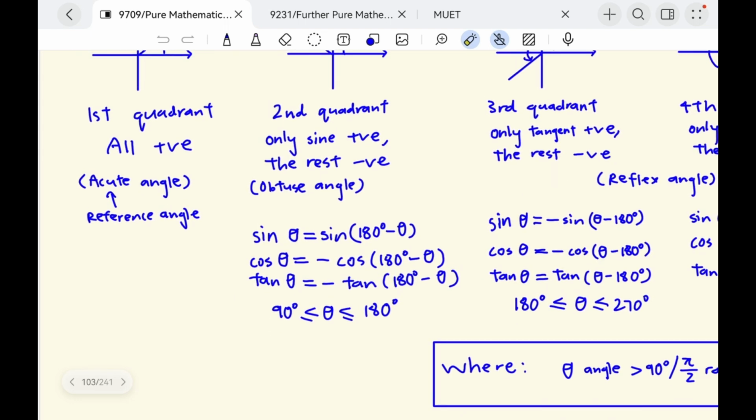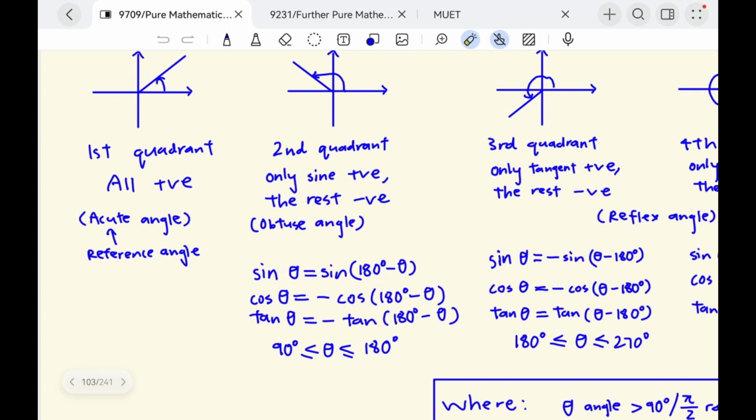Alright, so for the cosine, it is equal to negative because the x direction component is on the opposite side. Therefore, we need to put a negative in order to fulfill its value.